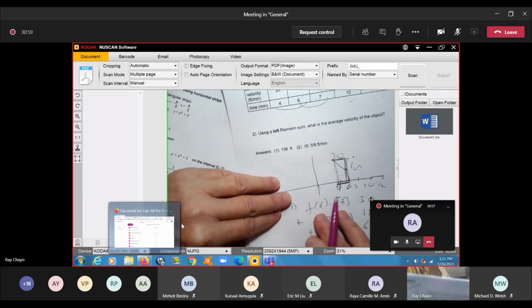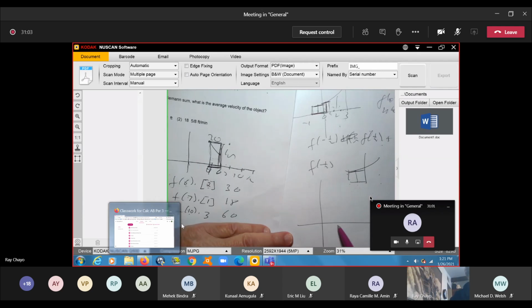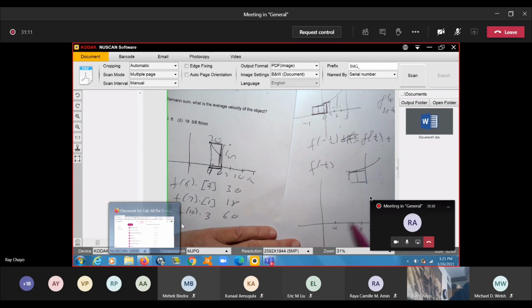Let me see what that looks like on a drawing here. So you have 4, 6, 7, 10, 12. At 4, we went 20, 15, 18, 20 again, and 14.